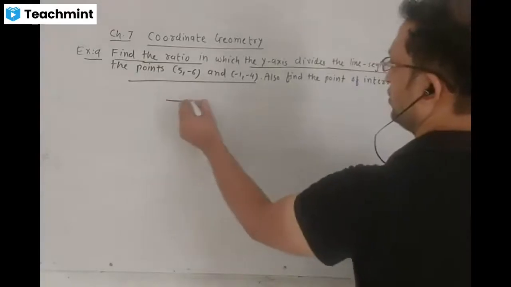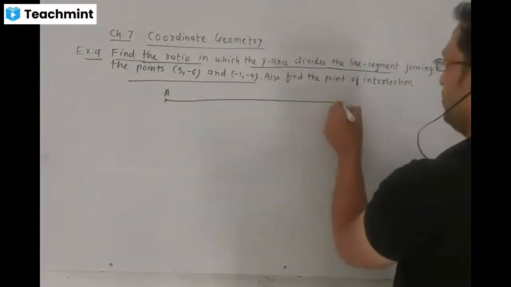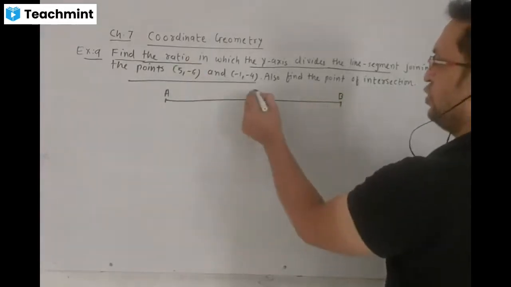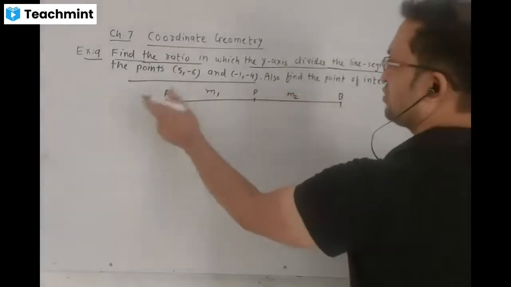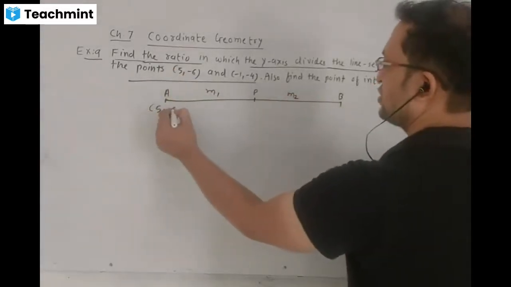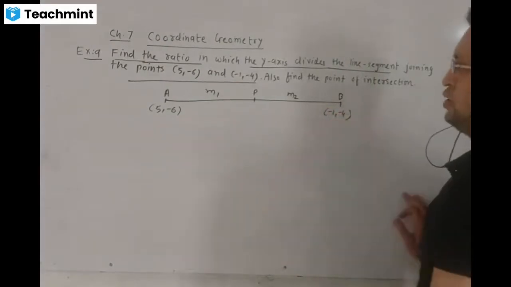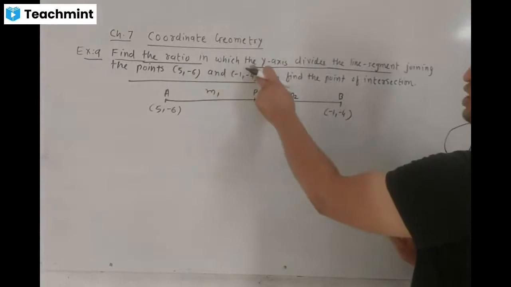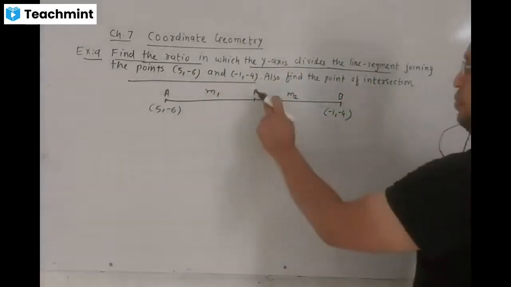Here, in line segment AB, point P, find the ratio m1 to m2. Point A, x1 y1, is (5, -6), B, x2 y2, is (-1, -4). Find the ratio in which the y-axis divides the line segment.